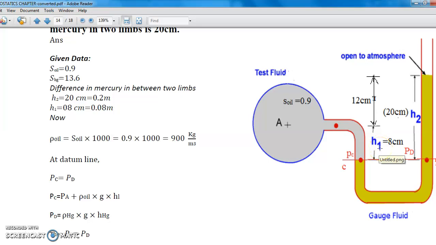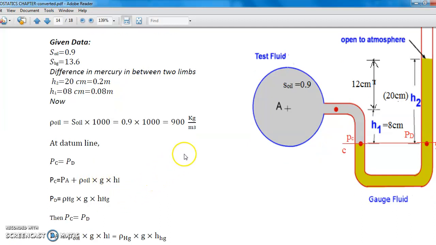So what is the pressure? All of you know that P is equal to rho G H. So density of the oil into G into height, that is H1. So from the left side, PA plus density of the oil into G into H1.